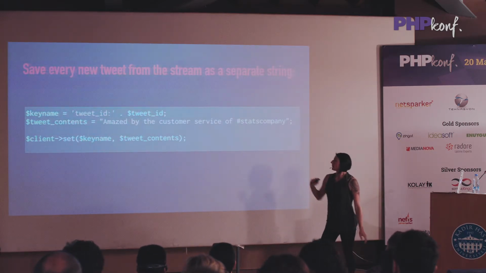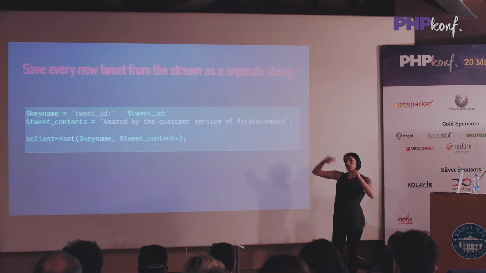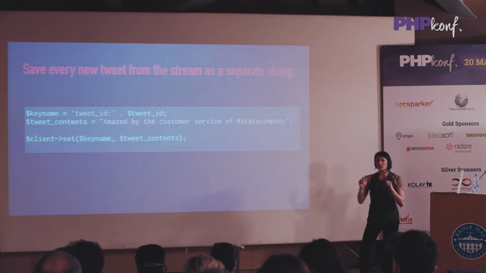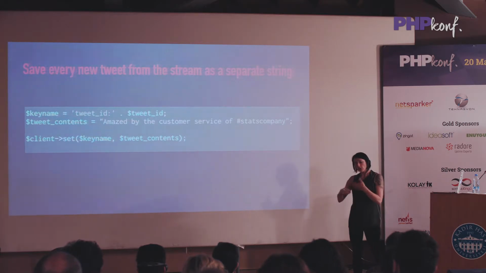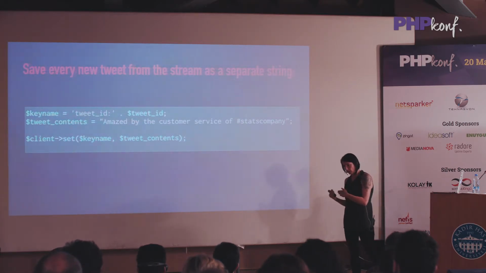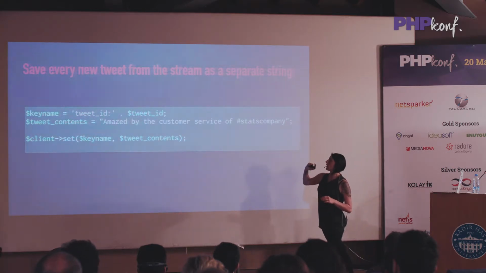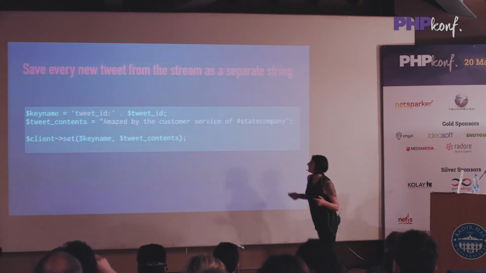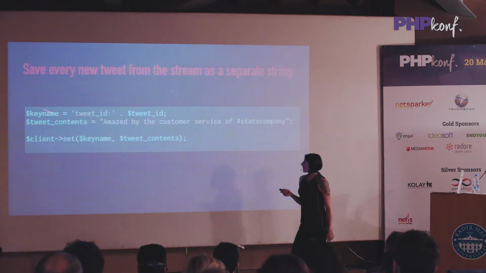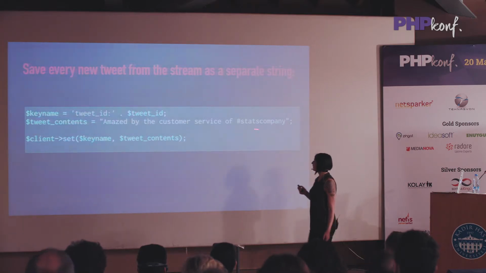So let's decide first: when we receive the tweets, what are we going to do? We are going to save them first as keys. We will have to do many other things later with them, but let's start from here and then think how we are going to process the tweet. Let's form a key name, tweet ID, and this is some hypothetical ID from Twitter itself. This is the tweet contents.